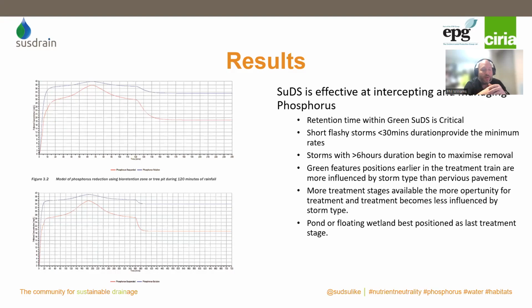The critical thing we found by doing 1, 2, and 3 is that the more treatment stages available provided more opportunity for the phosphorus to be captured, and also mitigated against the differences in the storm types, the hydrographs of the storms.